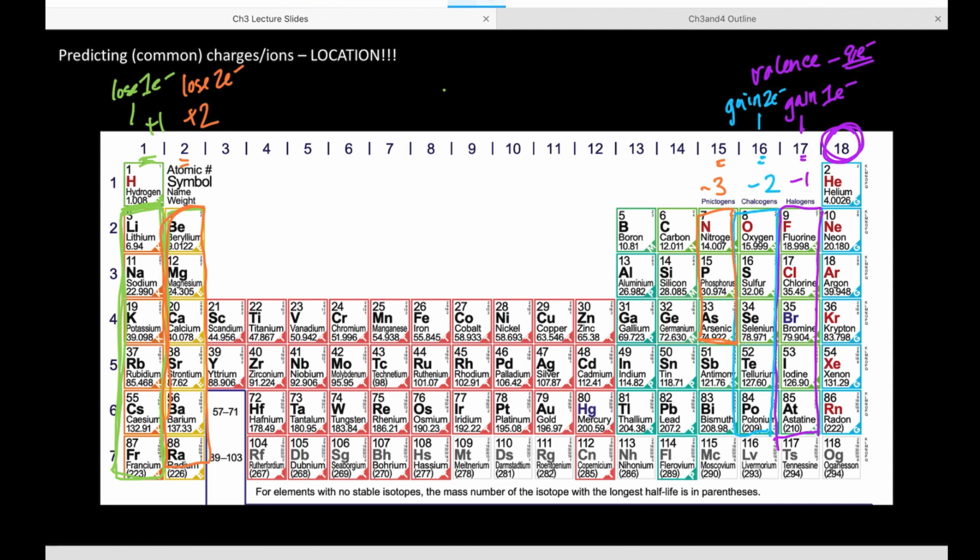Then that brings us over here to the other side of my table, where boron, typically no, but this one, definitely going to be +3, which means it lost some, right? And then your book also gives you a couple other special ones, like zinc is going to be +2, and this is going to be +1. Those are just special ones to remember going in that direction, okay?